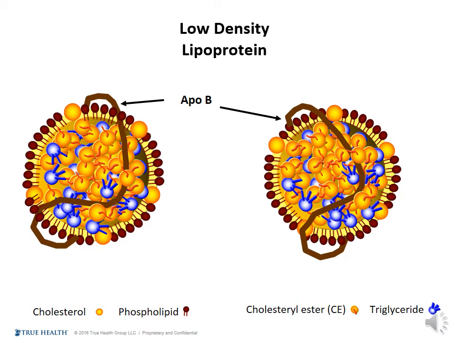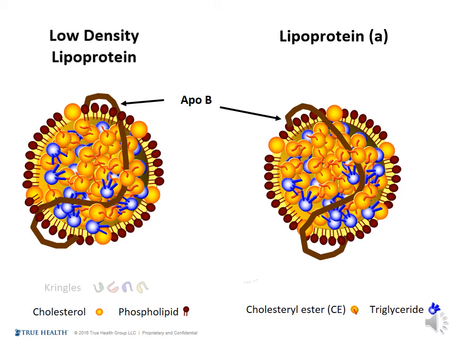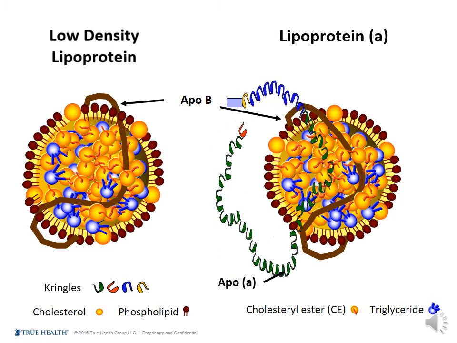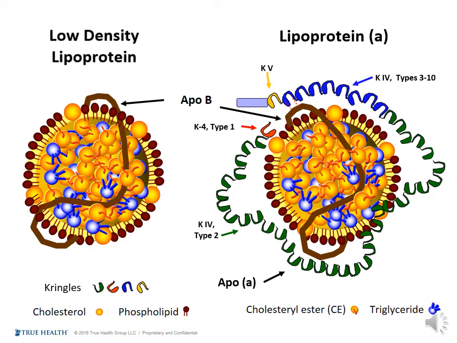This graphic appears to show 2 low-density lipoproteins with arrows pointing to its single molecule of apolipoprotein B. However, we have mentioned lipoprotein Little A, which is a different type of LDL particle. Attached to ApoB on this particle is a separate peptide called apoprotein or apolipoprotein Little A. And this protein consists of a series of segments that are called kringles.